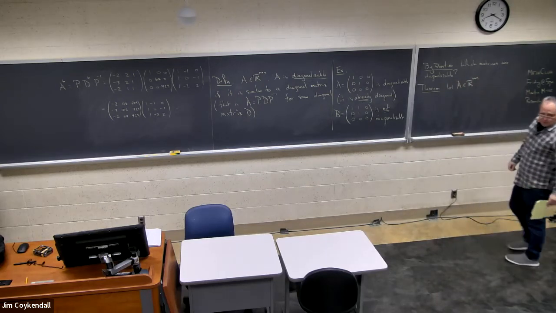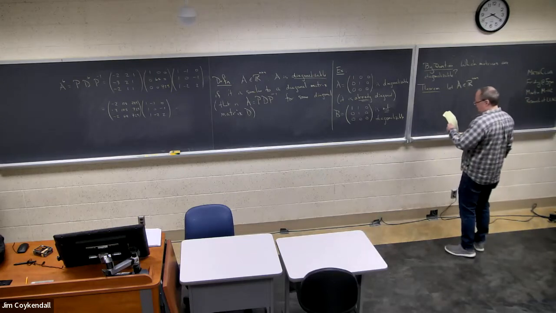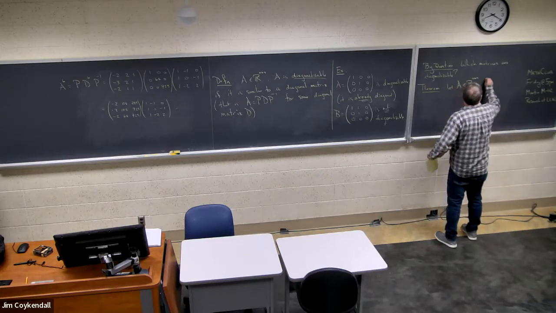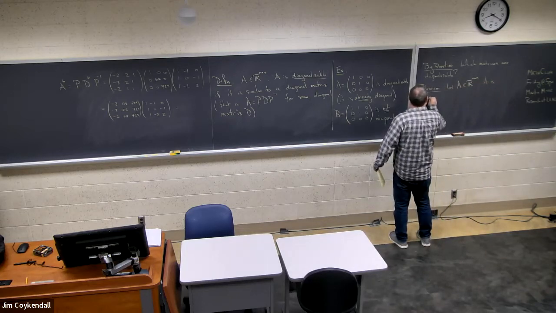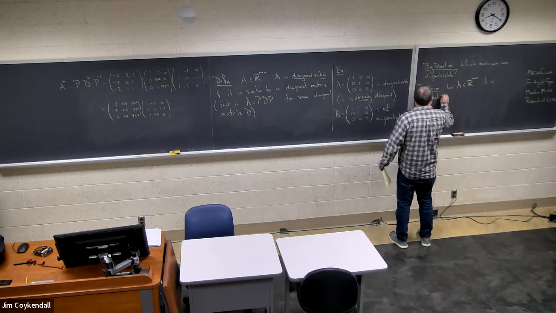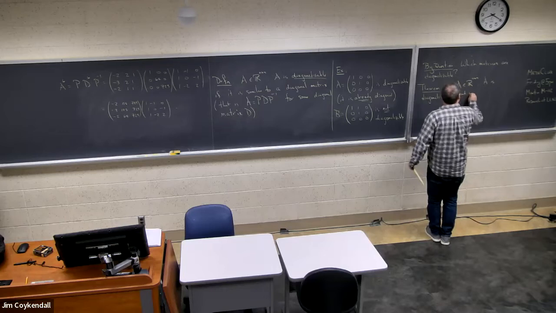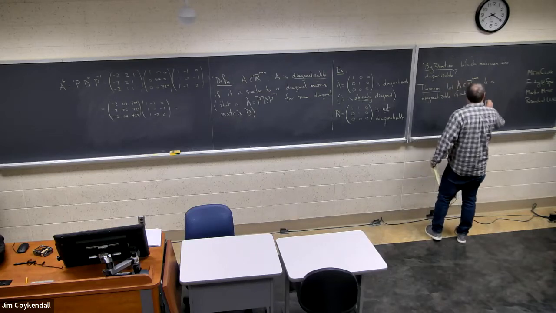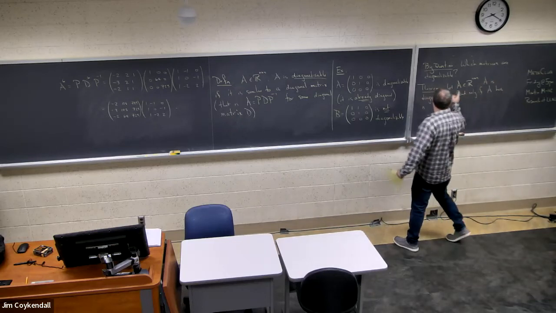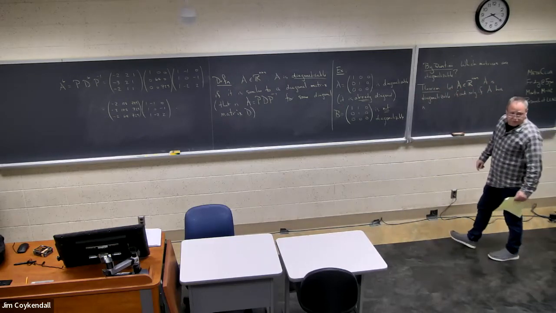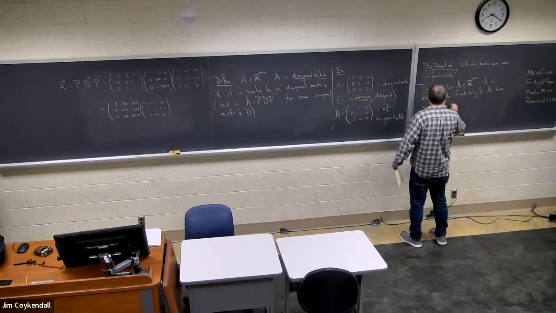Suppose you have a square matrix with real entries, but this theorem again can be generalized to other fields. A is diagonalizable if and only if A has n, that is the size of the matrix, so to speak, linearly independent eigenvectors.